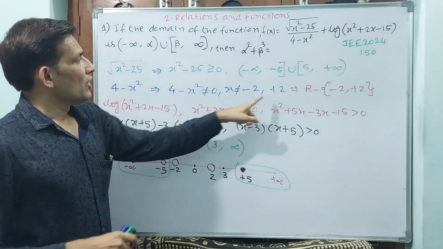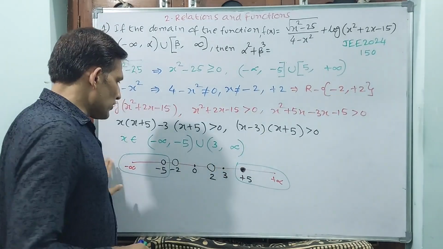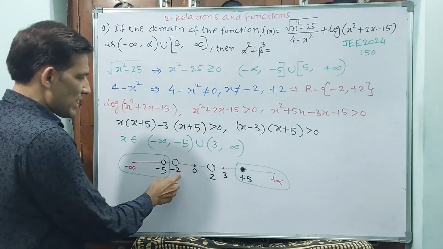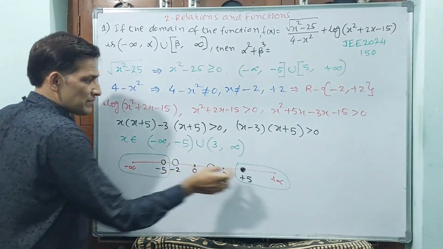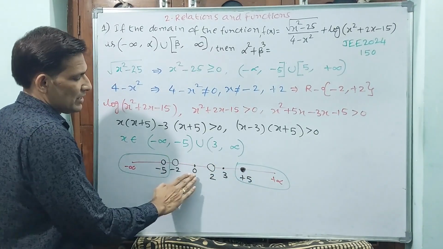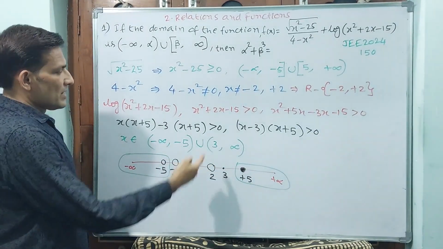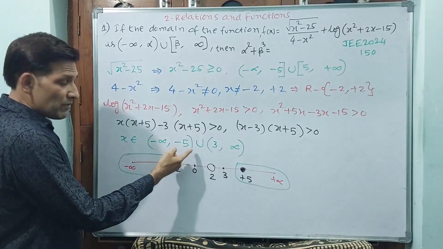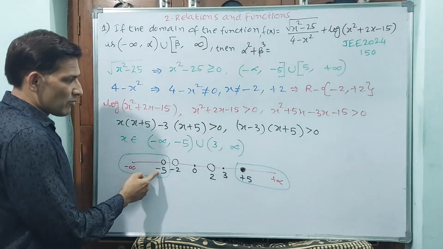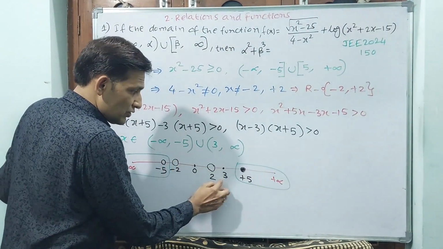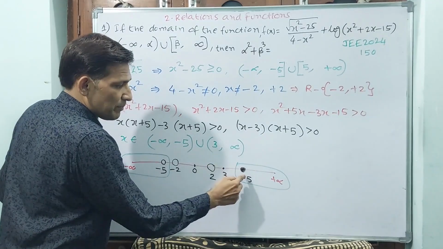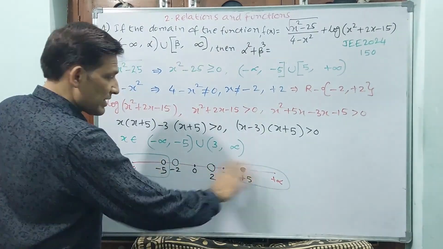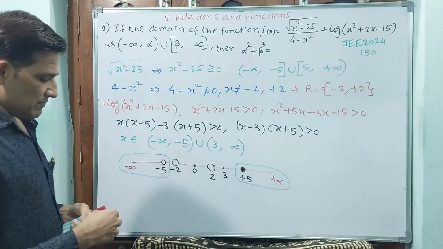Second one: except minus 2 and plus 2, all you can give. All we are giving, except minus 2 and plus 2, and here also it is satisfying. Third one: minus infinity to minus 5, open interval, we have kept. 3 to infinity is there, but I will take plus 5 to infinity only, because for the remaining we are not going to get this value.